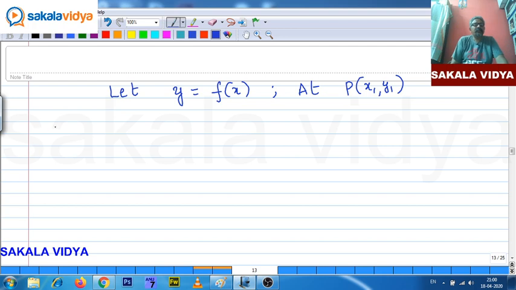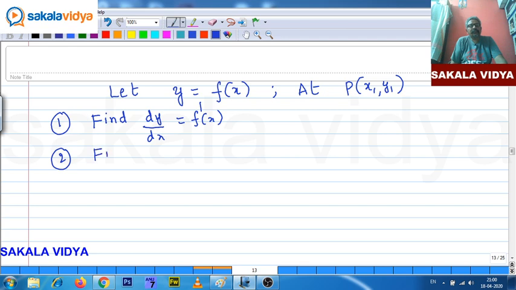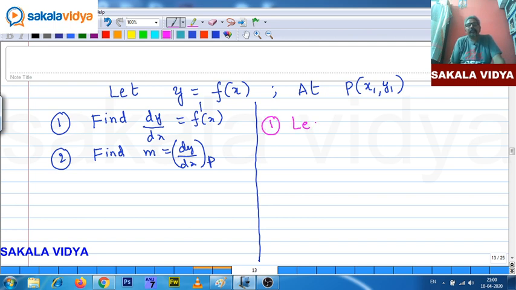So first we need to find dy by dx, the derivative, say that is f dash x. Second step, find the slope of the tangent, that means find m is equal to dy by dx at P. After finding this m value, now we can formulate like this. First formula, length of the tangent.